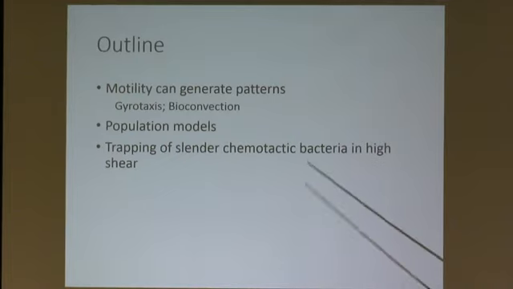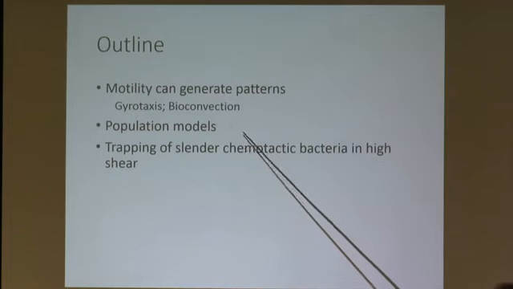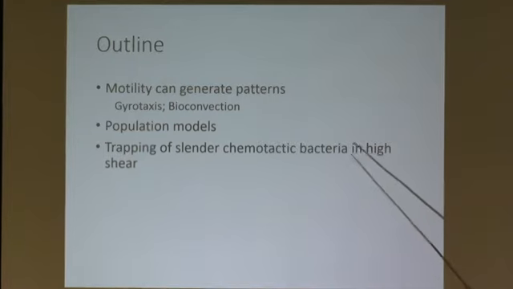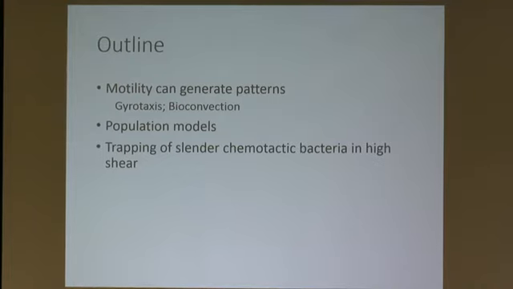So I will talk a little bit about that. And then for the second half, I'll give a specific example of some recent research which I did looking at how bacteria can be trapped in regions of high shear that was motivated by some recent experimental data.